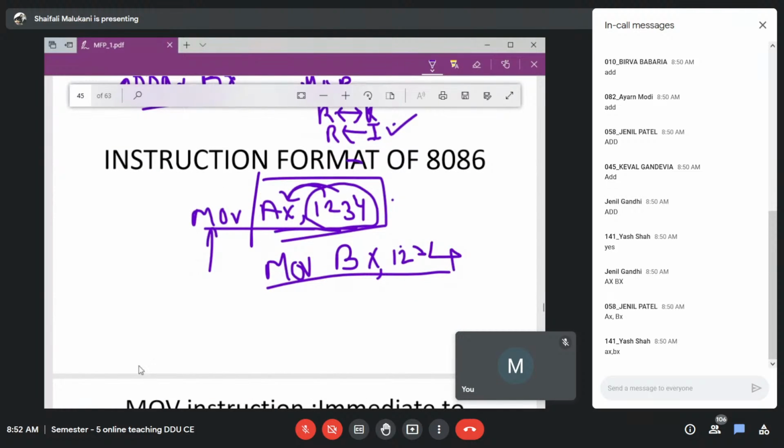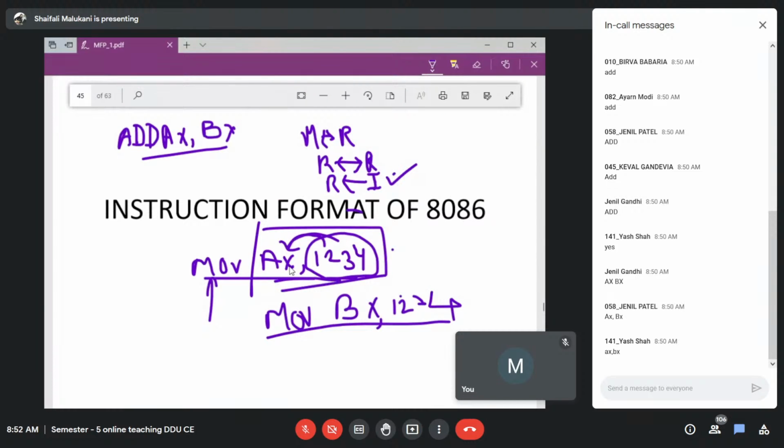Every instruction has its template, like the template of move. In that template, certain spaces specify that the register will be AX and that it will be register to immediate transfer. And you also have move AL, 12. This is also immediate to register transfer, but here it is 8-bit, here it is 16-bit.